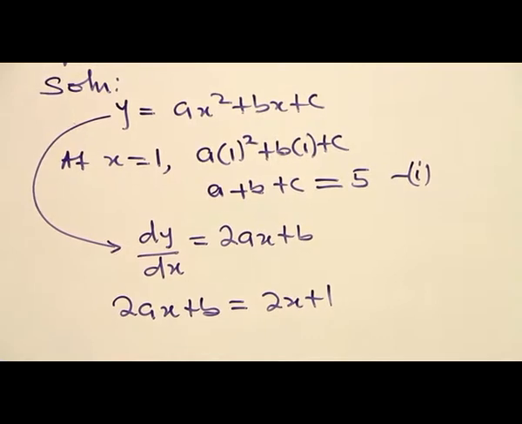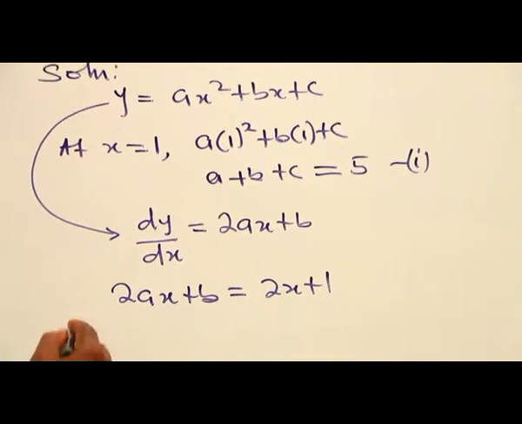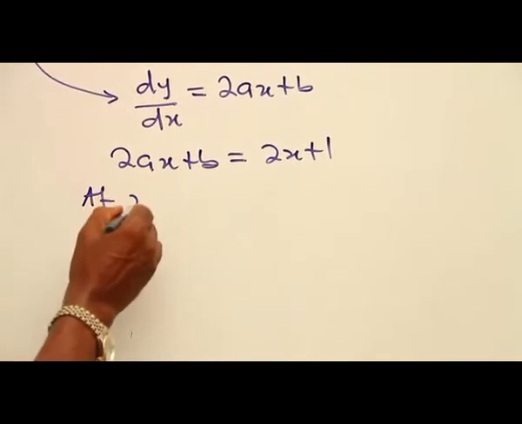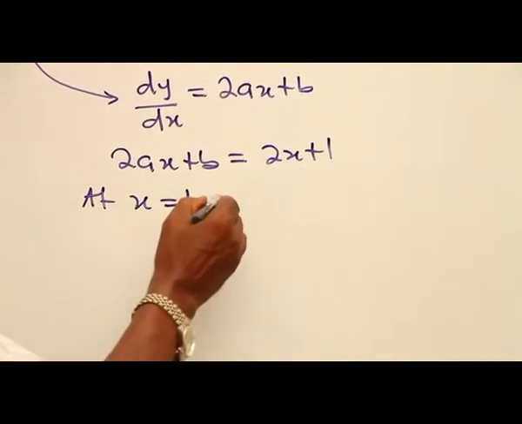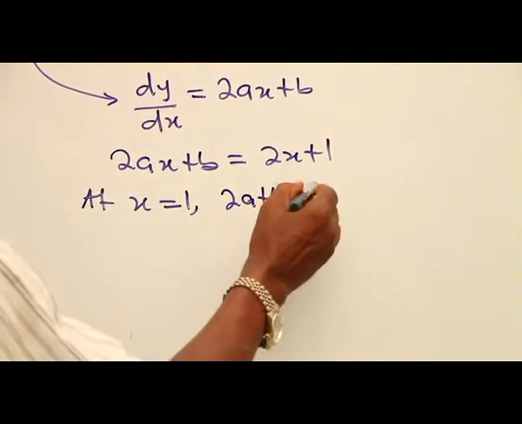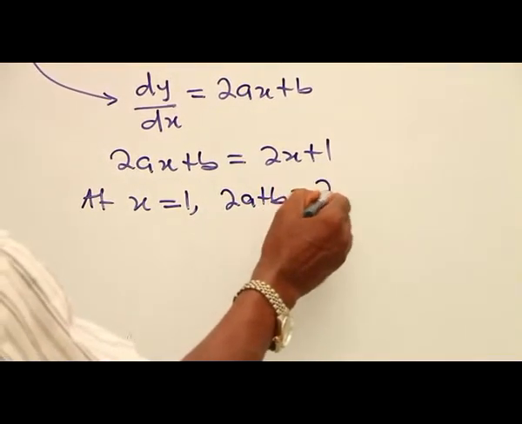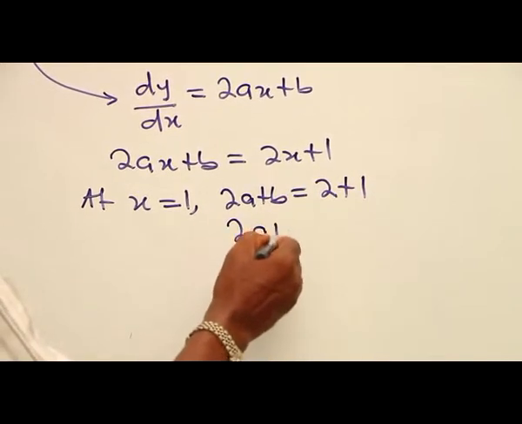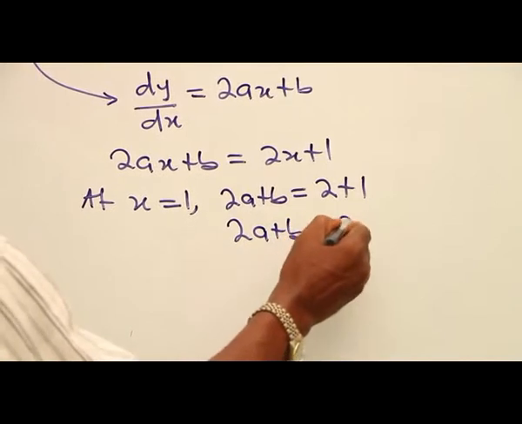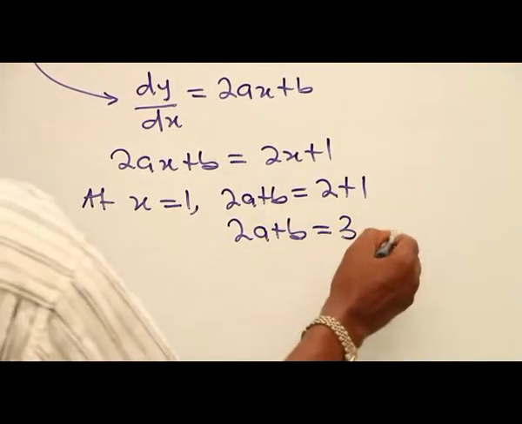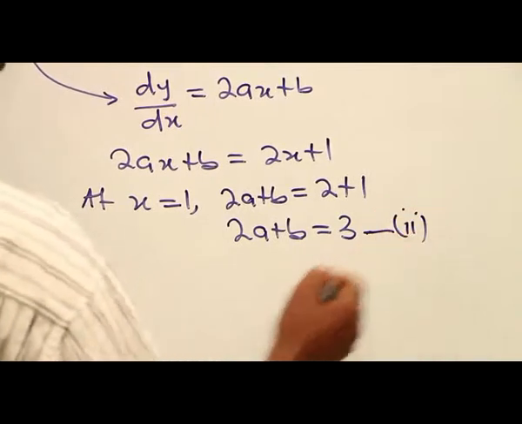Okay, if that is the case, at s equal to 1 again, you have 2a plus b is equal to 2 plus 1, resulting in 2a plus b is equal to 3. This is our second equation.